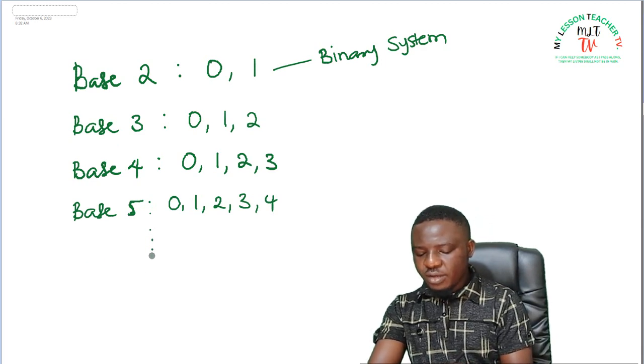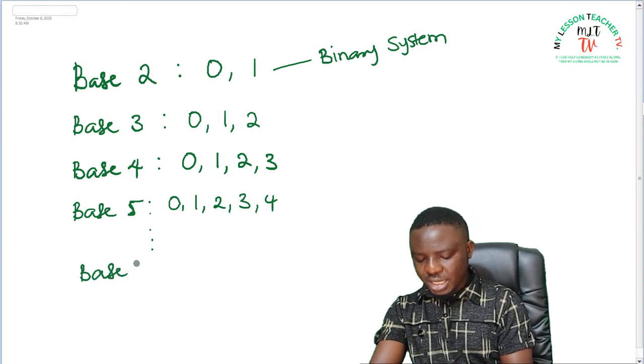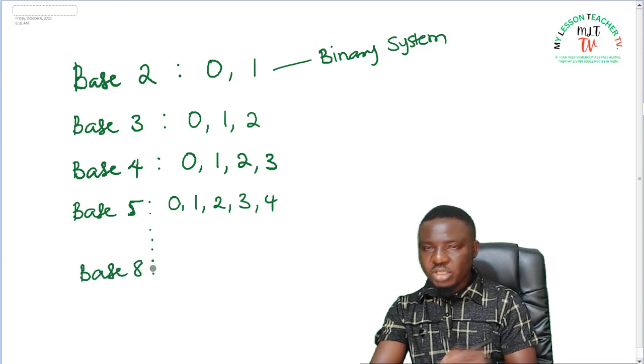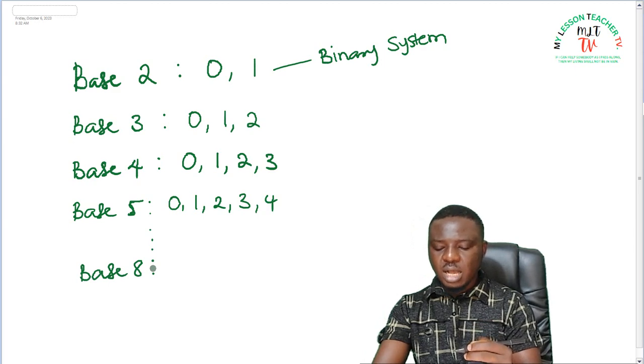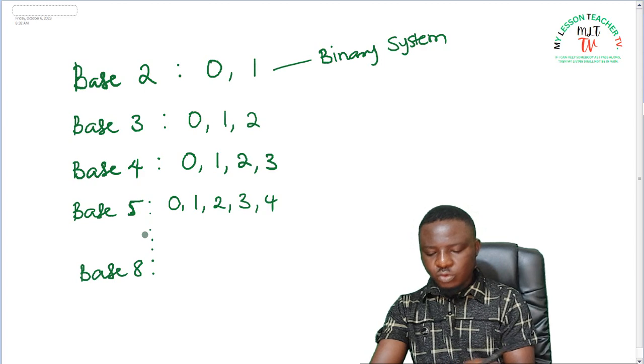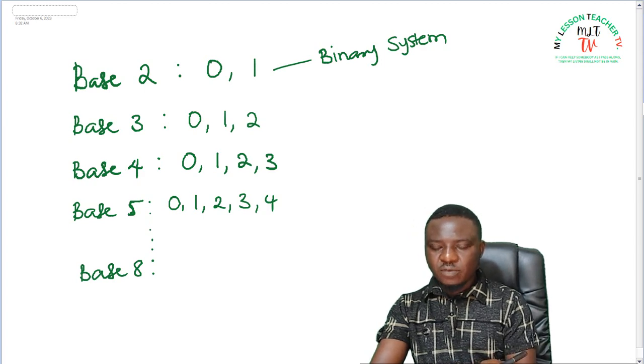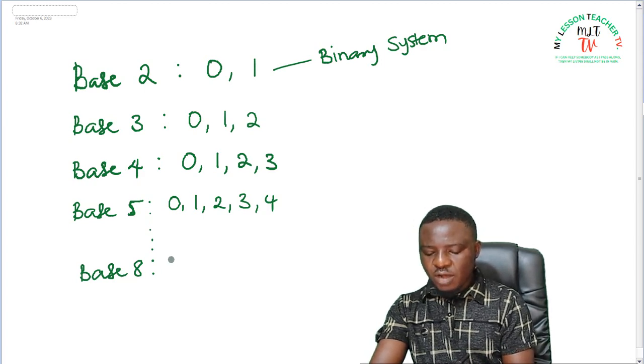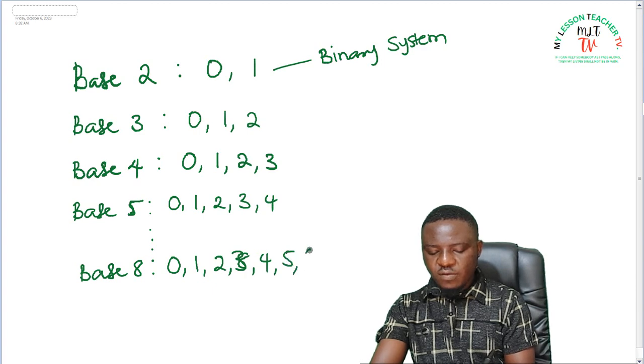Also, we have base 6, base 8. Let me just give you those that are of importance to us. You have base 6, base 7, you know the digits you are to get from them. Base 8, you have zeros, 1, 2, 3s, 4, 5, 6, and 7.